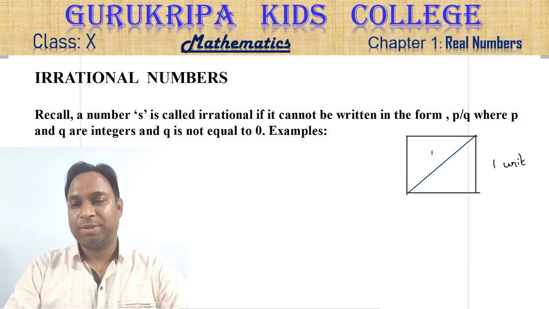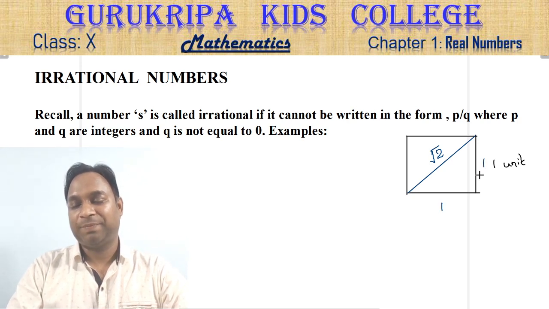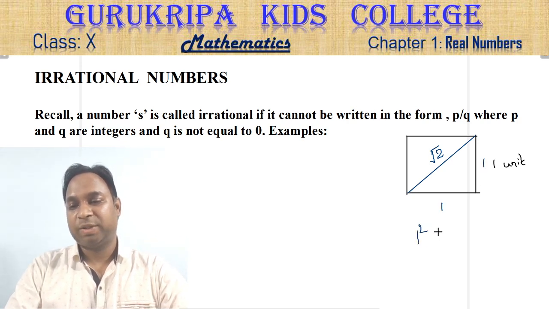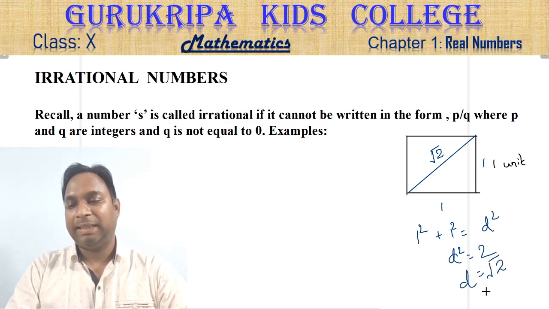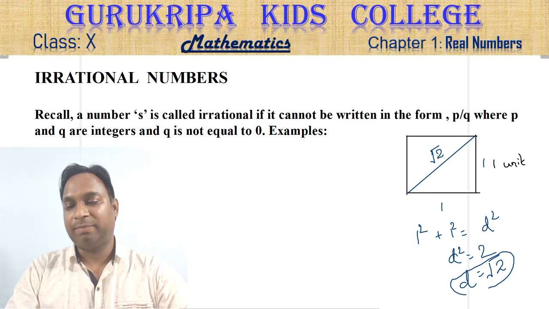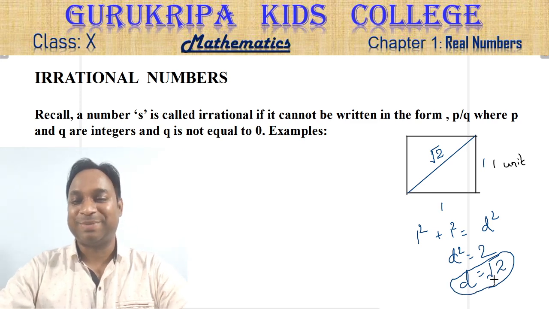Length of the diagonal is square root 2 units. You remember how we get it? From the Pythagoras theorem, 1 square plus 1 square is equal to diagonal square. This gives you diagonal square is equal to 2. Diagonal is square root 2. And this square root 2 is an irrational number. We all know that. So simple.